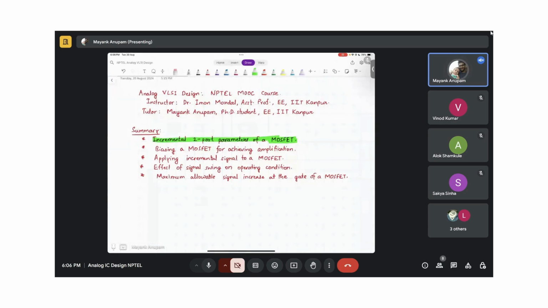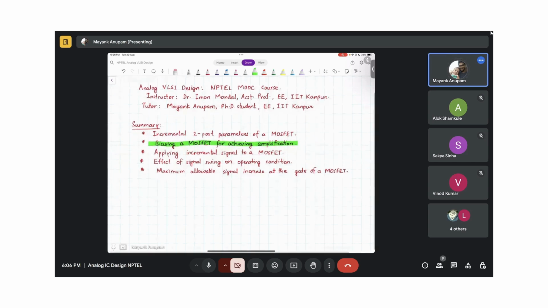We did the incremental two-port analysis of this device, and we found out the various incremental parameters of the MOSFET. After that, we learnt again that if we have a non-linear device, we also need to bias it. We need to find the quiescent point where it will start working, where it has to be biased.